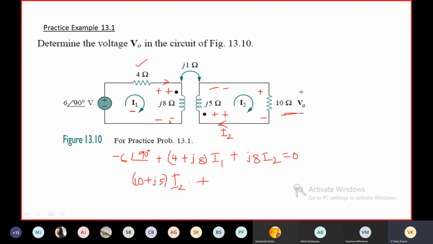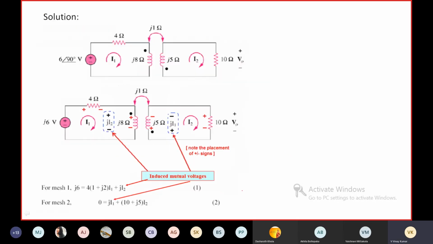Anyhow, you are collecting voltage at this point, that will be j1 into I1. Sorry, this is j1, it is given, j1 ohms, nothing but j omega M. j1 into I2 is the mutual induced EMF in coil 1, and j1 into I1 is the mutual induced EMF in coil 2.